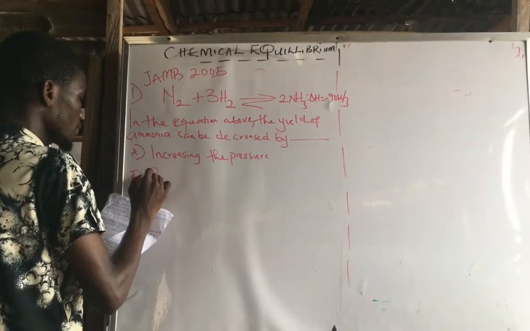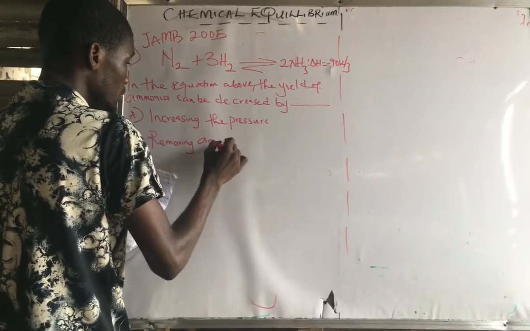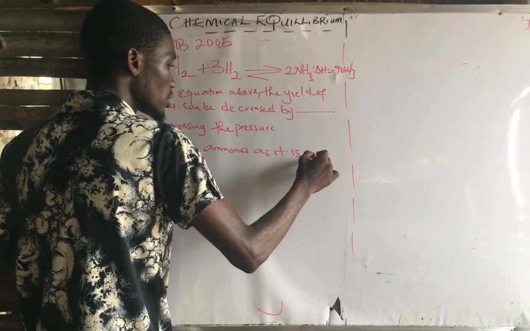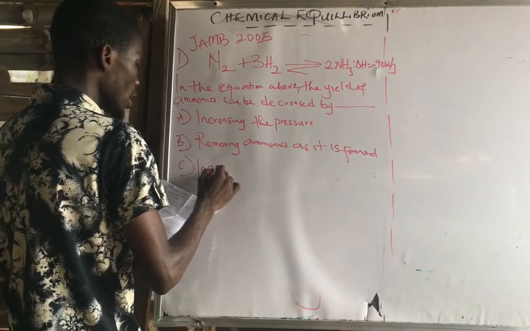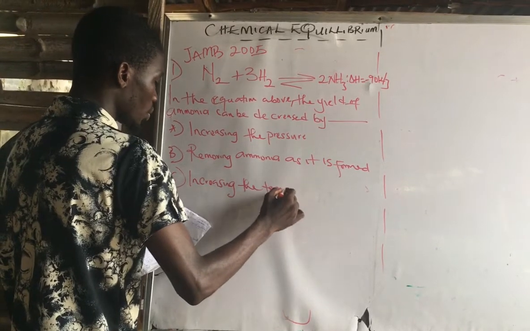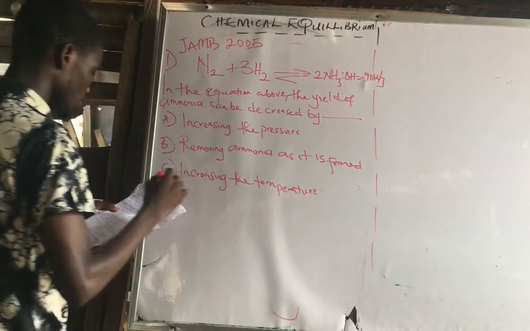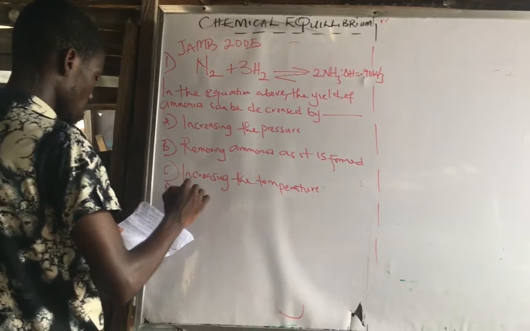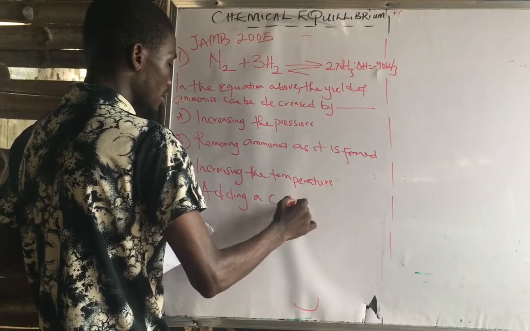B, removing ammonia as it is formed. C, increasing the temperature. D, adding a catalyst.